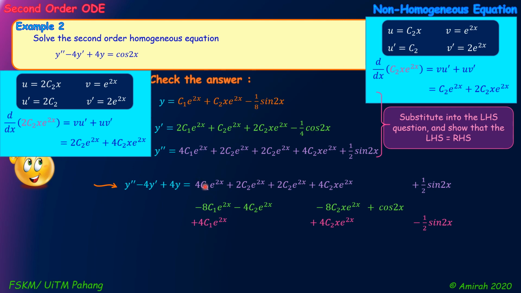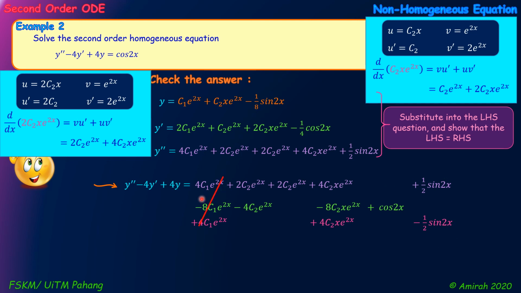We arrange based on the same coefficient. The first term containing C1 and e2x. The second term is the term containing C2 e2x. And then term containing C2x e2x. And then term containing cos. And then term containing sine. Alright.